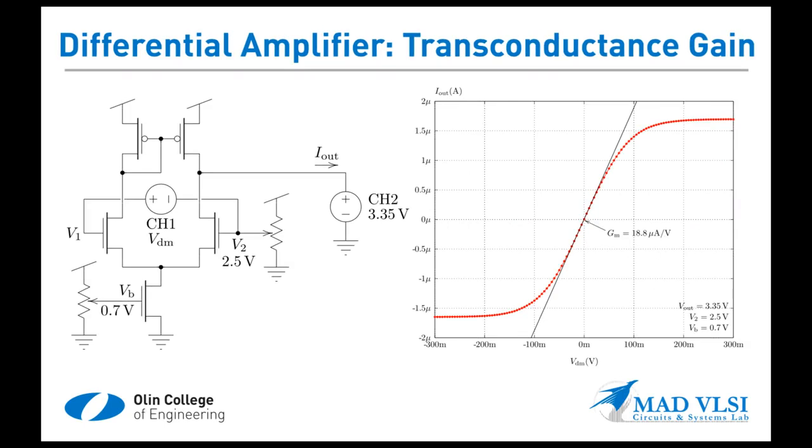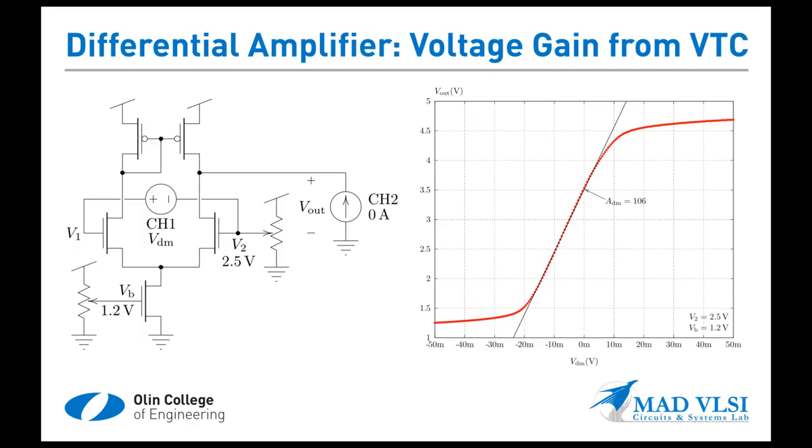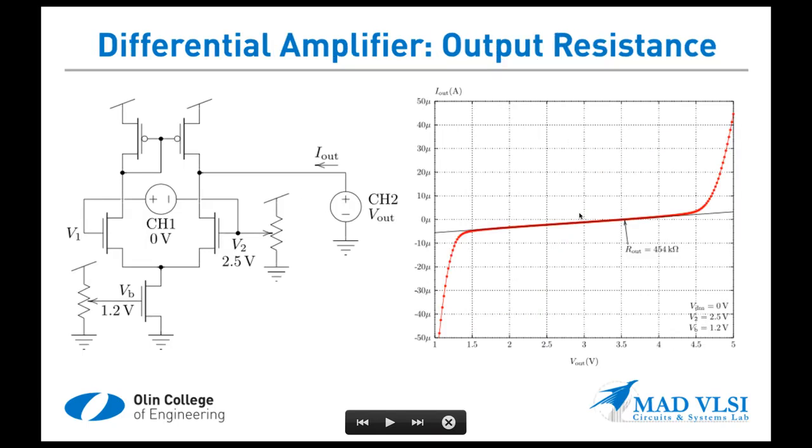If we go to an above threshold bias condition, so we move VB up to 1.2 volts and repeat the same experiment, here's the voltage transfer characteristic. The slope of the VTC directly is 106.